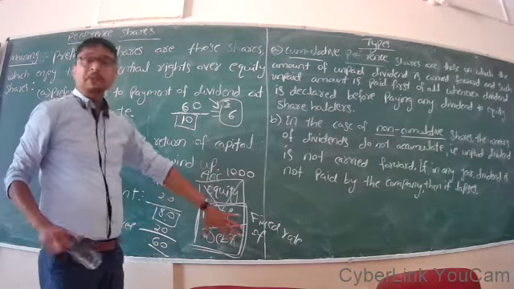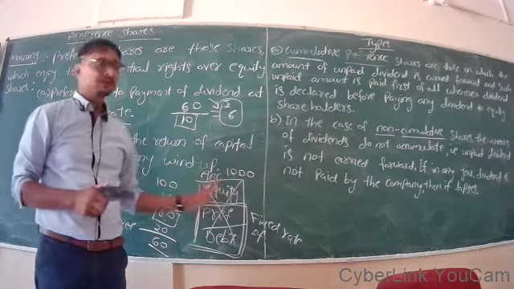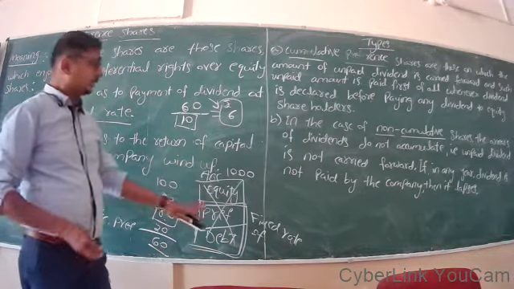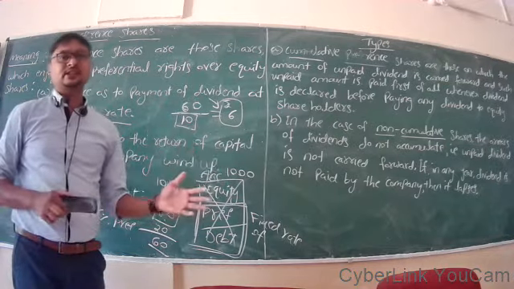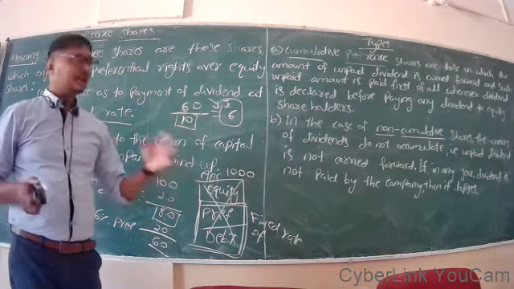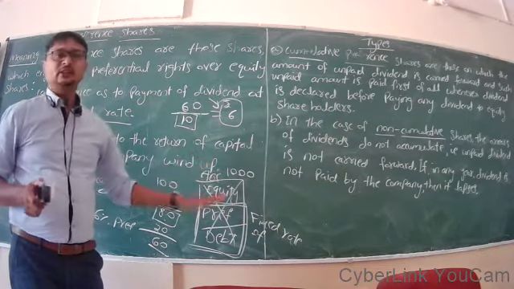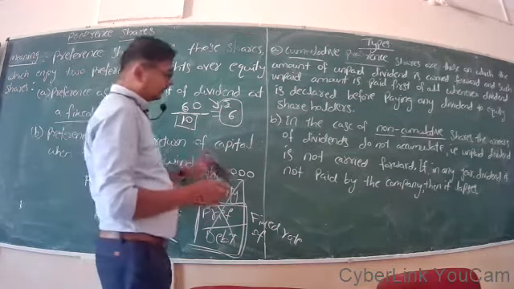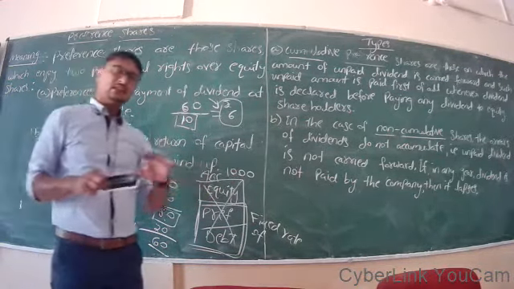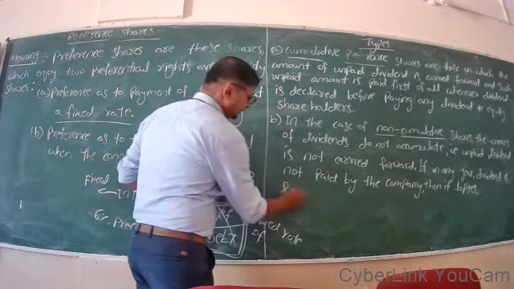When this company winds up, it realizes all its fixed assets: land and building, factory premises, vehicles, and other properties. The company sells everything, and say, for example, it gets around 800 rupees.